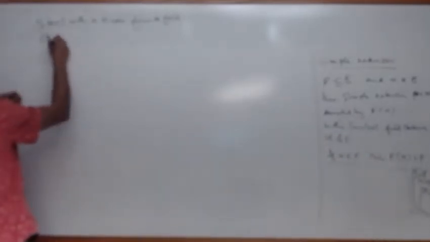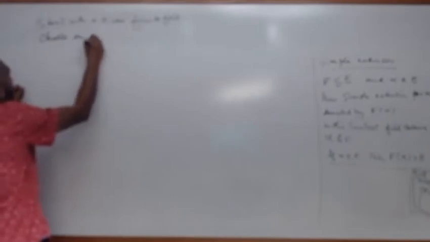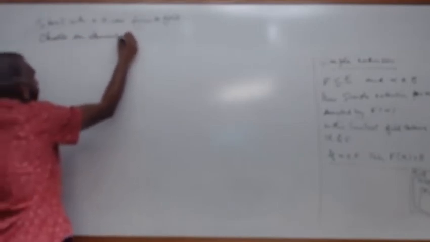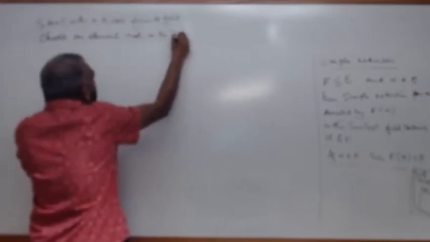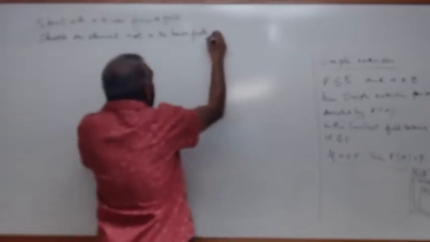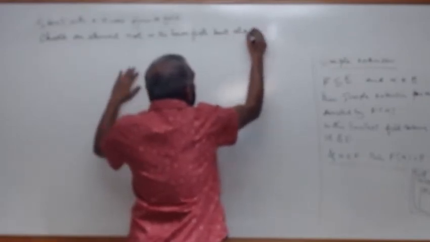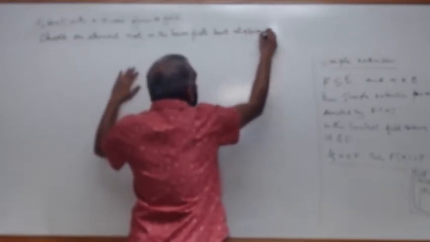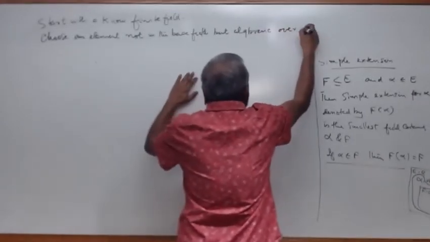So choose an element not in the base field but algebraic over the base field.